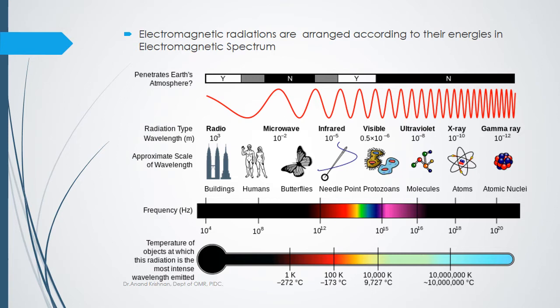The first line that you see shows what penetrates Earth's atmosphere: Y stands for yes, and N stands for no. In the second row, you can see a red colored line which shows the wavy pattern. The more wavy it is, the more alternating it is, the more energy it has. The less wavy it is, the less energy it has.